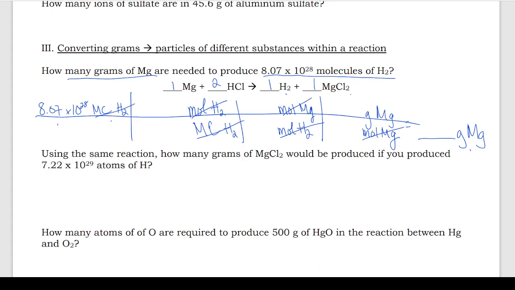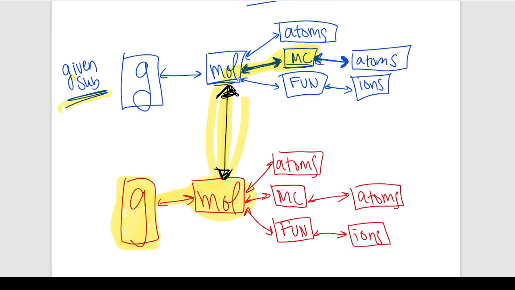And then I go and I fill in all my conversion factors. So looking at your mole map, between moles of H2 and molecules of H2, my conversion factor is Avogadro's number. 1 mole is equivalent to how many molecules? 6.02 times 10 to the 23rd. Perfect. Then between moles of magnesium and moles of H2, this is the only part where you will maybe have a number that's not 1 next to moles.